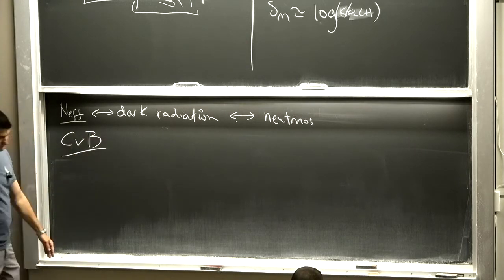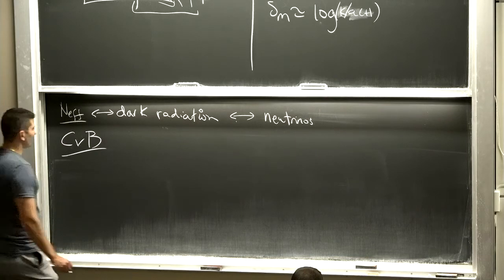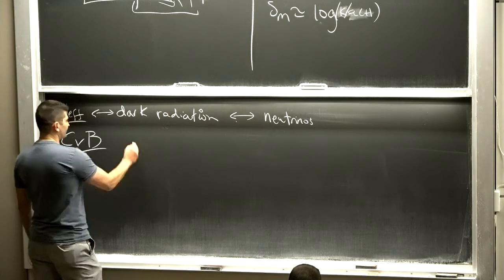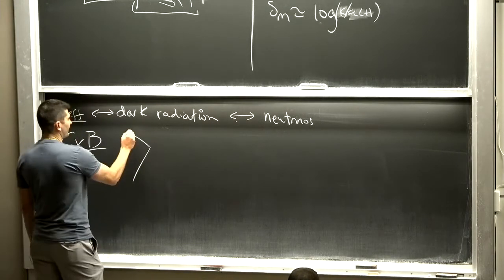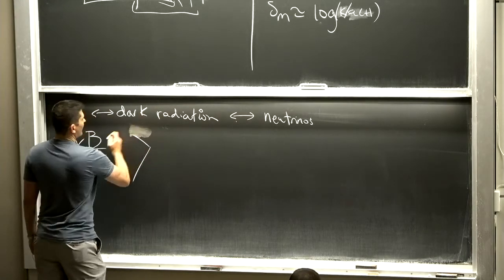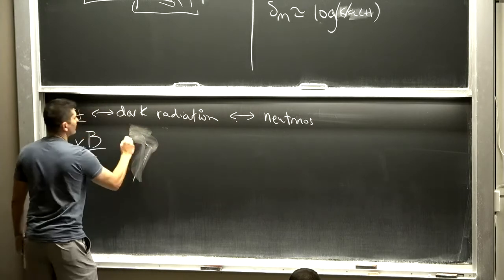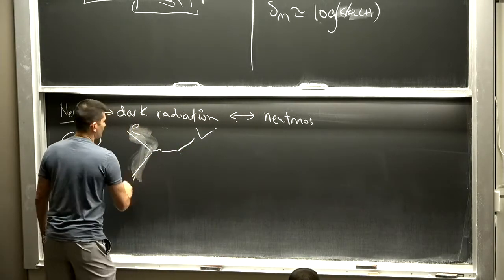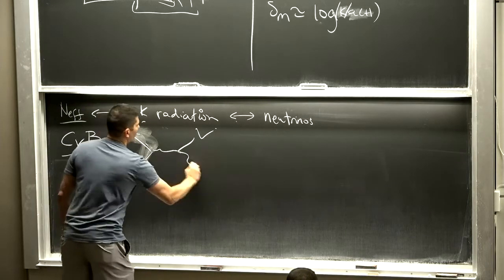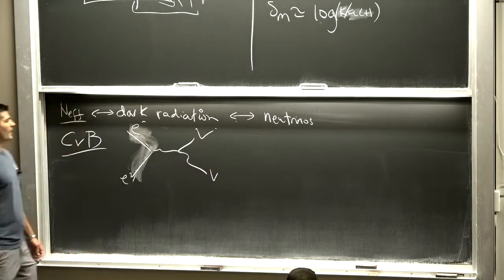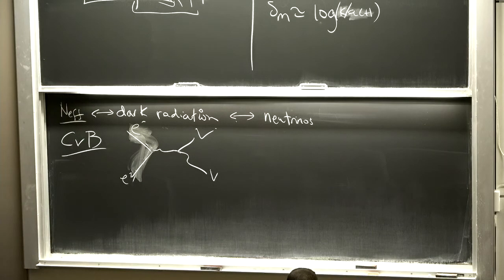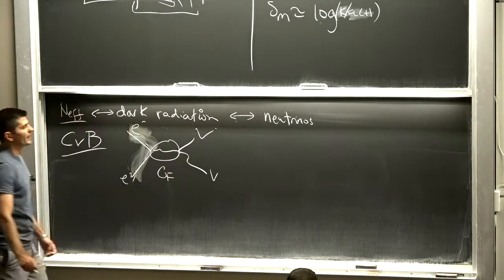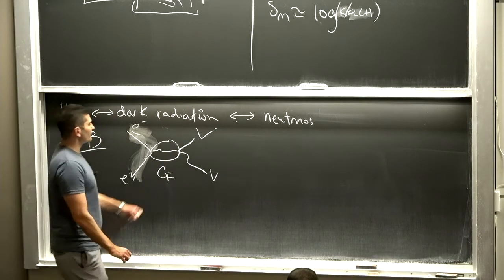The first thing we're going to do is talk about the cosmic neutrino background. Neutrinos couple to the standard model through the weak interaction, so they scatter. You can, say, convert electrons into neutrinos through the effective G Fermi interaction, the four-Fermi interaction.